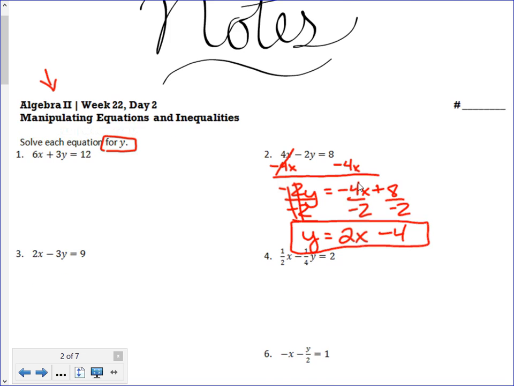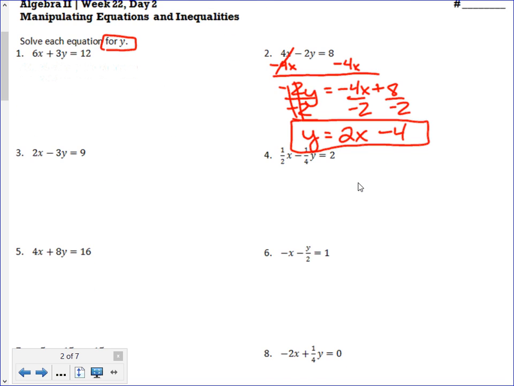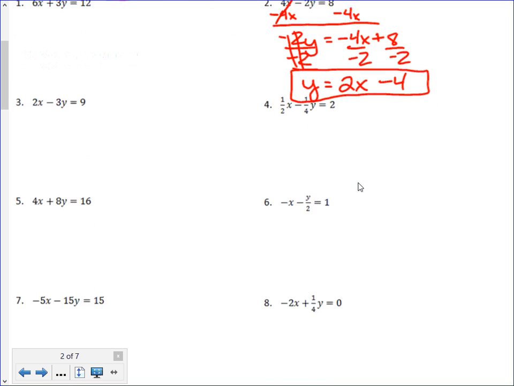Okay, let's do a couple more. Number 5. Tell me what to do. What's first? Minus 4a. 8y equals negative 4a plus 16. Good. Stop right there.